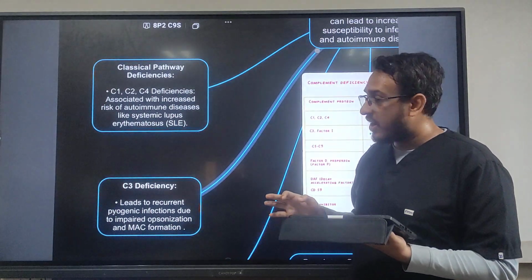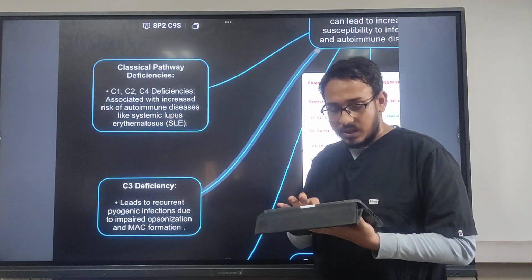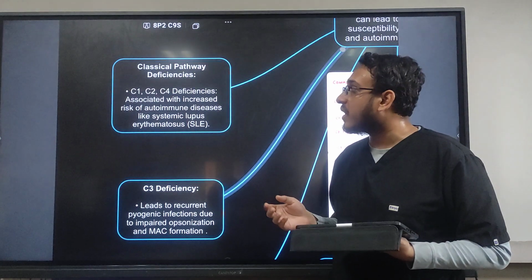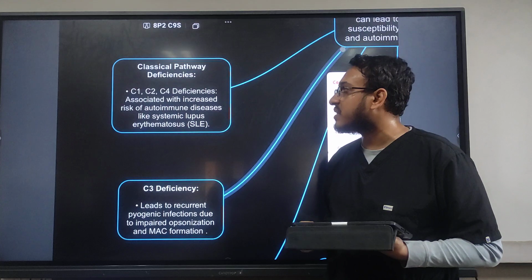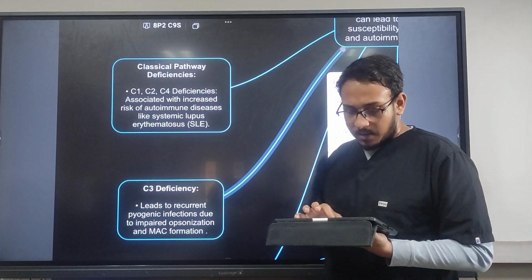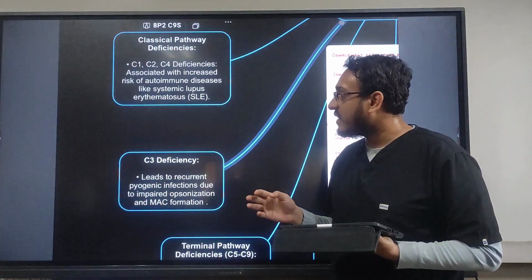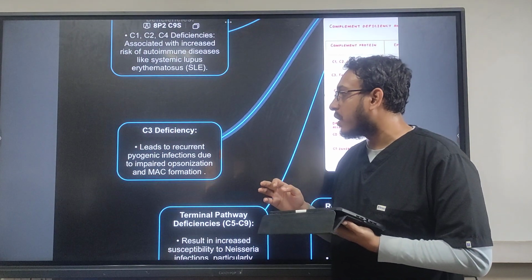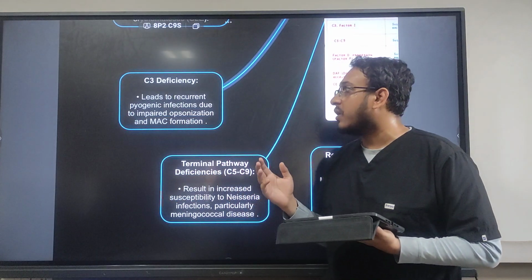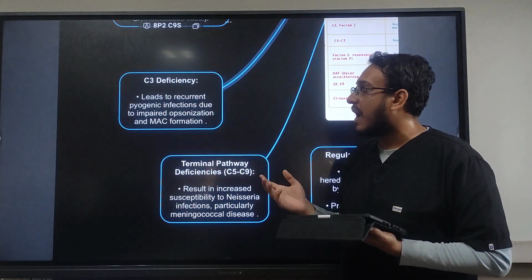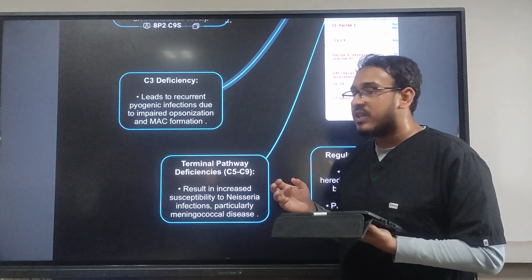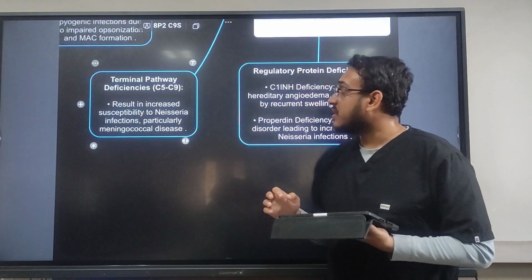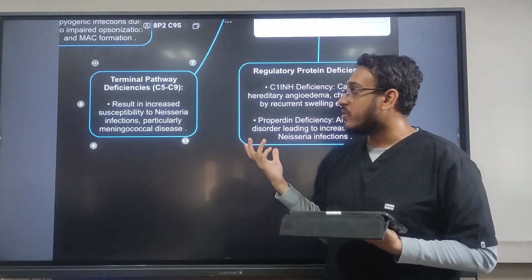So the classical pathway deficiencies, the deficiencies in C1, C2 and C4, are associated with increased risk of autoimmune diseases such as SLE. Then the C3 deficiencies can lead to recurrent pyogenic infections due to impaired opsonization and membrane attack complex formation. Then the terminal pathway deficiencies, it is C5 to C9.